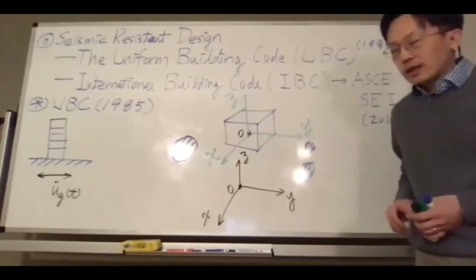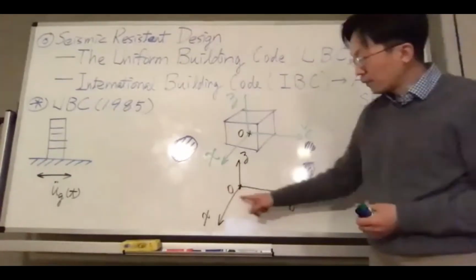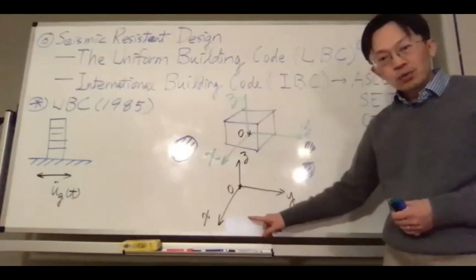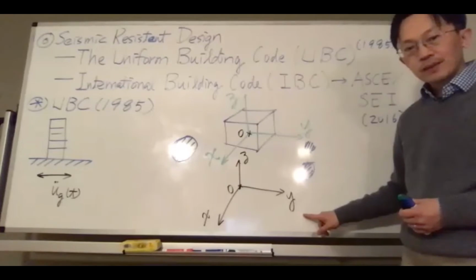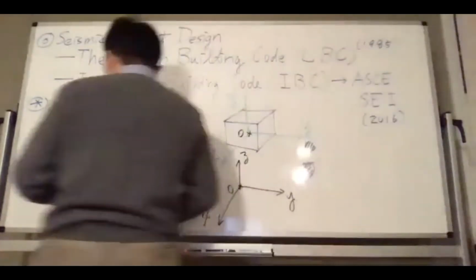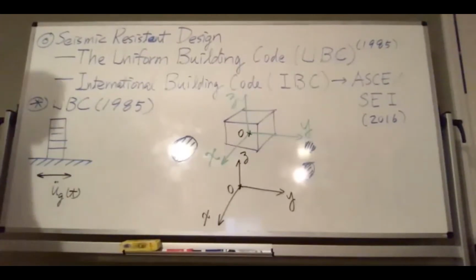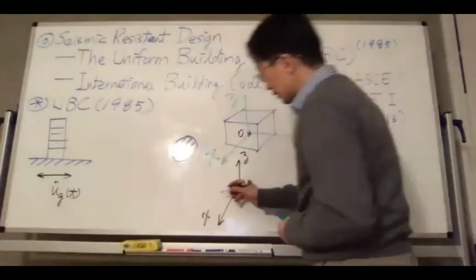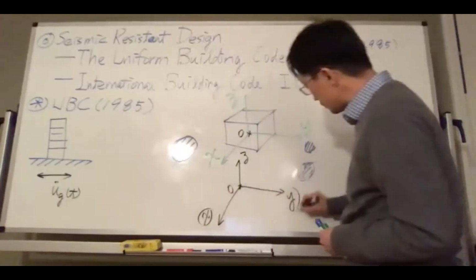Now, if you consider the motion of this point, in theory, how can this point O move? We know that the point O can move horizontally along the x-axis, also along the y-axis, right? So the consideration we have here, by considering that earthquake is modeled as a horizontal ground motion, is only true if you consider the displacements along the x or y axis.